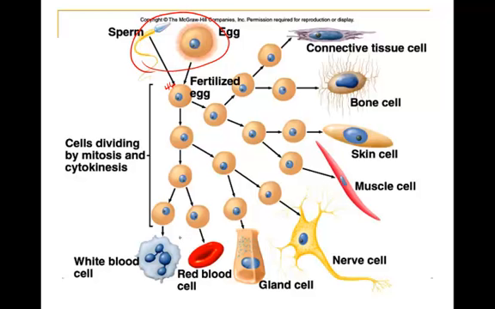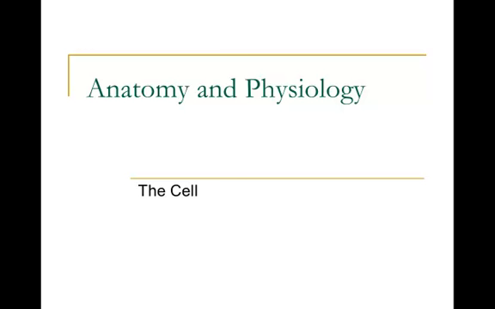Some will turn into white blood cells like you see here, and some will turn into red blood cells and gland cells, etc. Until this point they're all looking the same, and when we want to differentiate them, we end up with specific, different cells. That's differentiation. And that's the lecture for the cell.